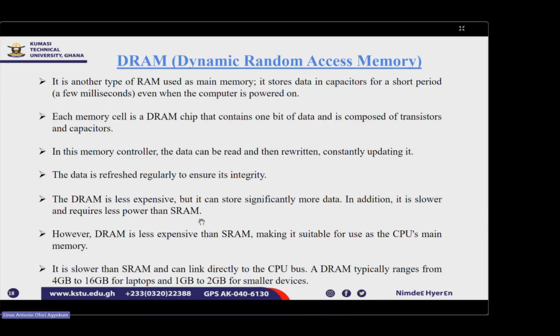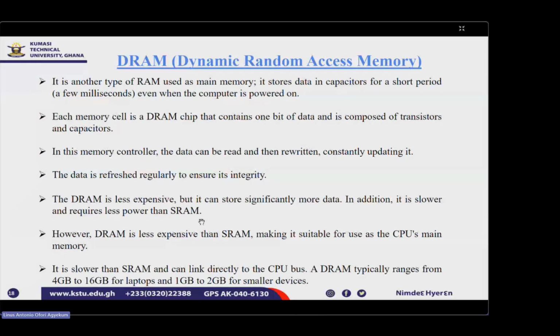So the DRAM can store more data. It is not fast compared to the SRAM, and it does not require more power than the SRAM. And so these features make the DRAM less expensive than the SRAM.